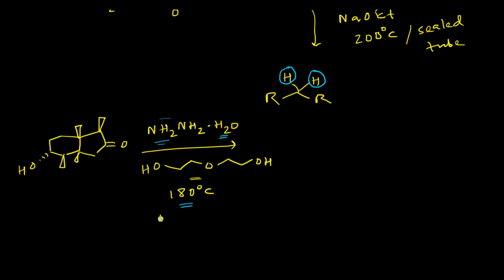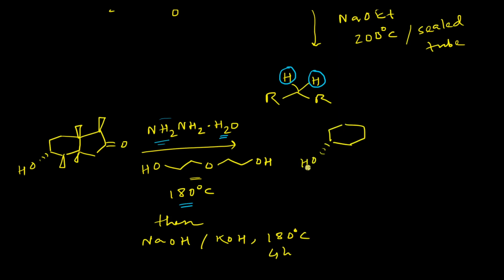And then if we treat the resulting hydrazone with sodium hydroxide or potassium hydroxide at the same temperature, that is 180 degrees centigrade, then after 4 hours we will get the corresponding deoxygenated product or the reduced product. So this will be the reduced compound.